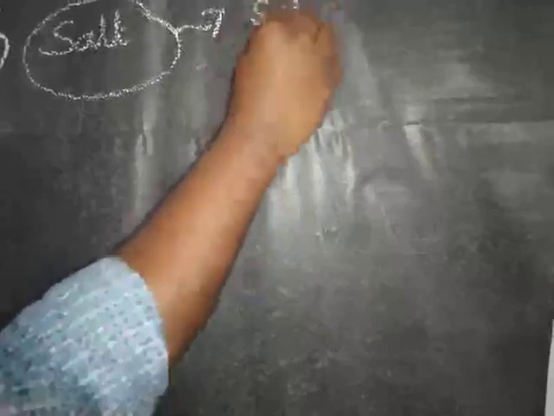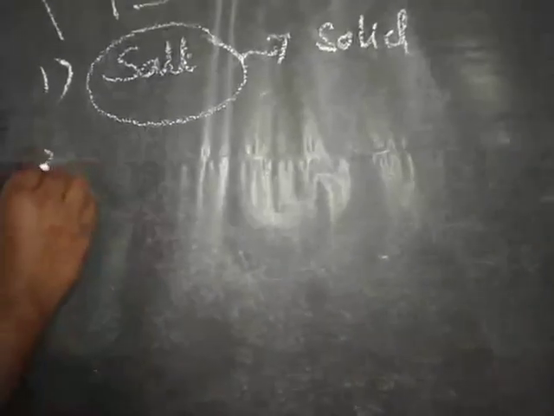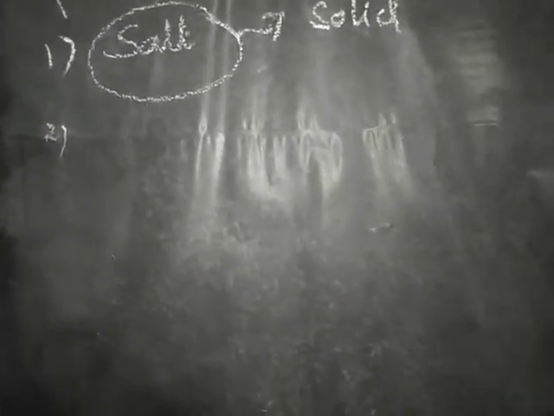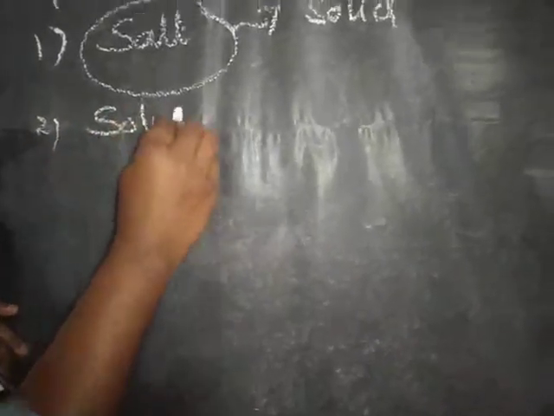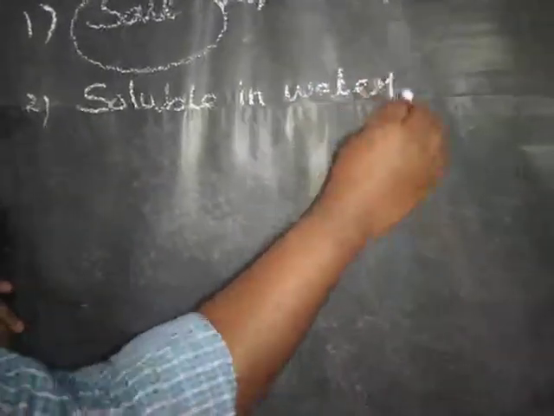First one, salts are mostly solids which melt as well as boil at high temperature. Second point, most of the salts are soluble in water, except some chloride salts.